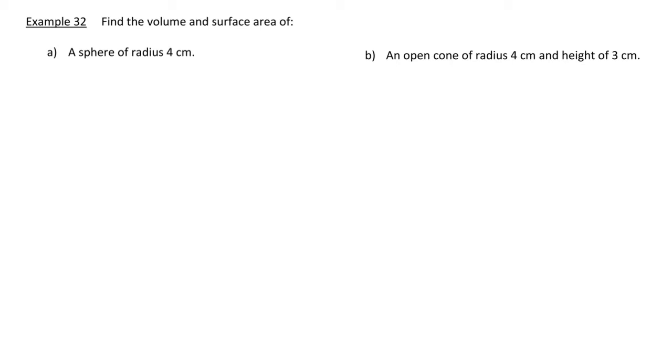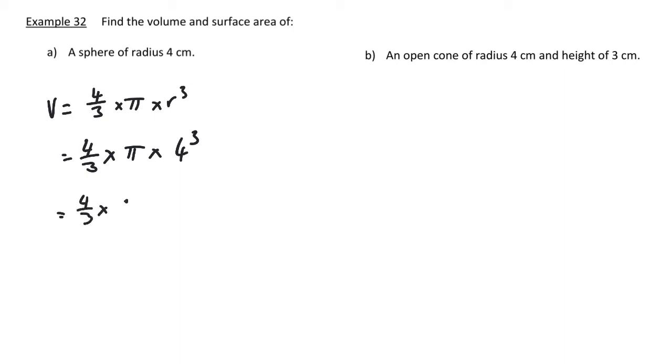So example 32, find the volume and surface area of part A, a sphere of radius 4. So what we have is the volume of a sphere is 4/3 times pi times r cubed, which is 4/3 times pi times 4 cubed, 4/3 times pi times 64, and putting that into your calculator, we get 268.08 cubic centimetres.